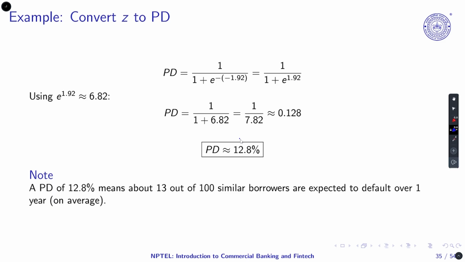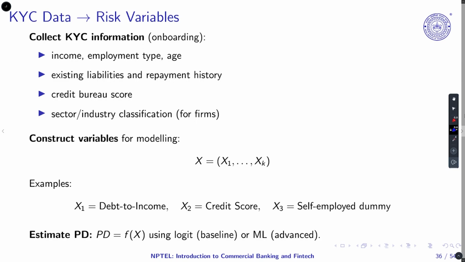What comes out is that the probability of default is 12.8%, which is very high, meaning about 13 out of 100 similar borrowers are expected to default over a 1 year period. This is quite a stark number, and this particular cohort of borrowers will be put into monitoring, on a daily basis or monthly basis, and the bank will put some people on monitoring it, or maybe develop some technology to monitor, right. So this is what you have.